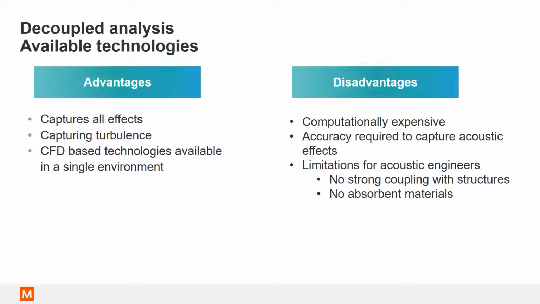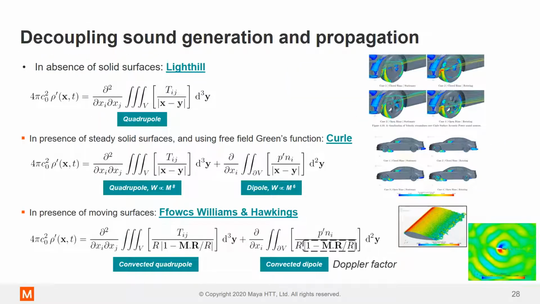What we can do is essentially convert those source terms into acoustic terms. If we take the source terms generated by those surfaces and convert them into acoustic terms, what we would see here is that in the Lighthill equation, the source term is equivalent to a quadrupole. In the Curle equation, we have the source term equivalent to a quadrupole and a dipole.